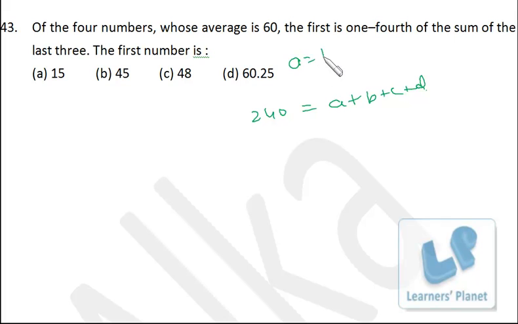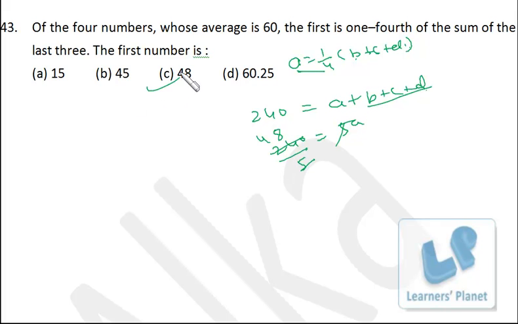That means A is equal to 1/4 of B plus C plus D, right? So instead of B plus C plus D, we can put 4A. So B plus C plus D is 4A, and with this A it is 5A. 5A is 240. That means A is equal to 240 by 5, right? So that is the first number, 48.